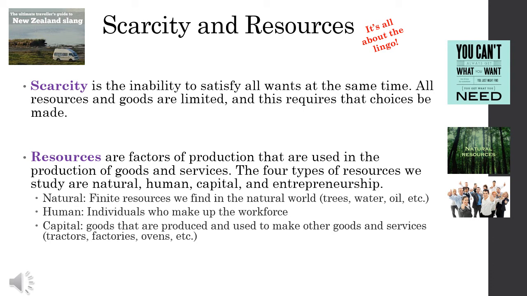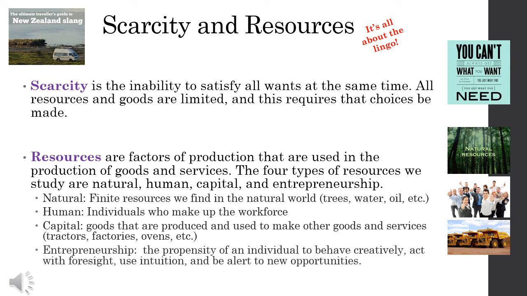Capital resources are goods that are produced and used to make other goods and services. Things like tractors, factories, and ovens. For example, these beautiful dump trucks. They are capital resources and they are used to move coal out of an open pit mine. Finally, we have entrepreneurialship.